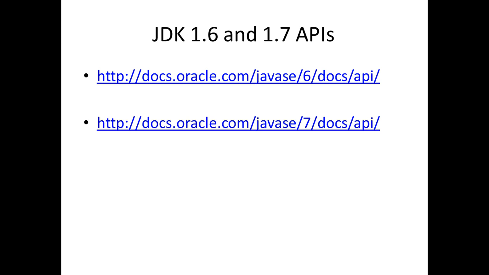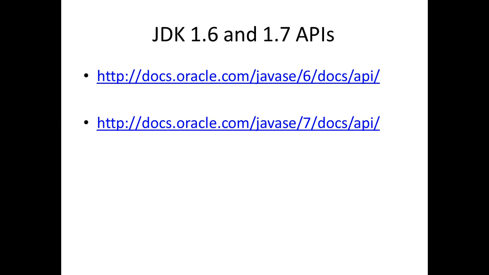So let me show you an example of how to run programs from Eclipse. And if you want to look at the APIs for JDK 1.6 and 1.7, I have shown you some links here. So you can bookmark these links before you start programming for other classes.